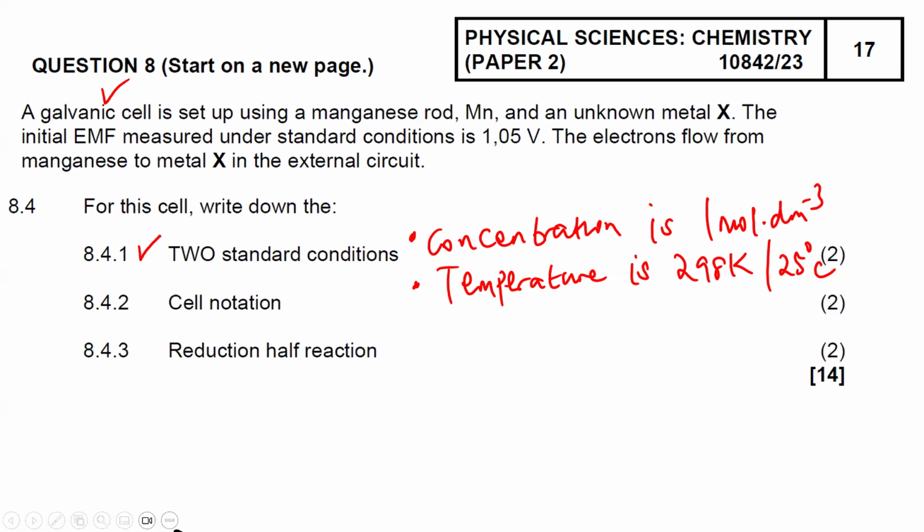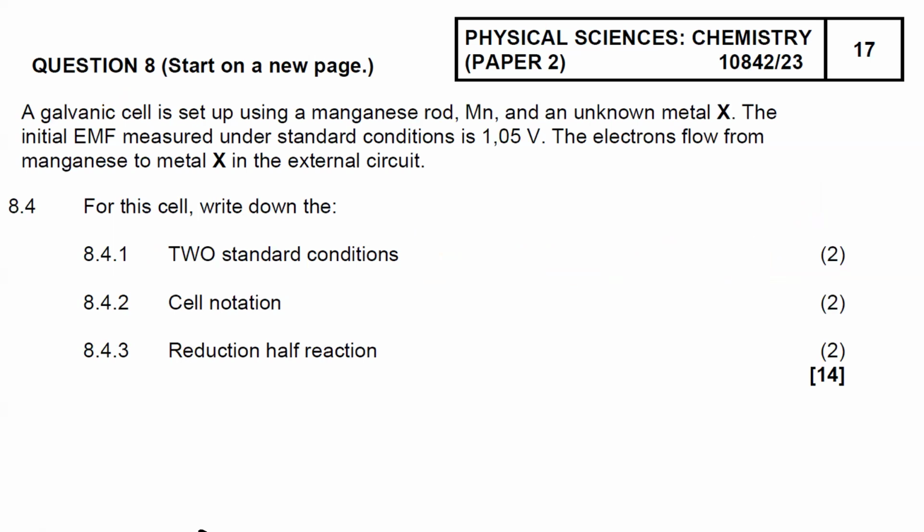Now, something that is very important is the cell notation that you need to learn. To write the cell notation, we deal with the anode, and then we put the salt bridge like this, and then we put the cathode. What is the anode?